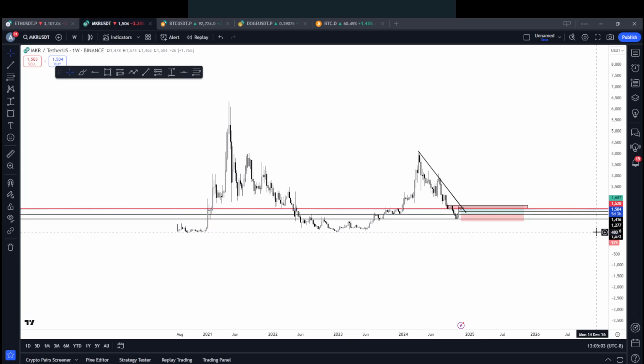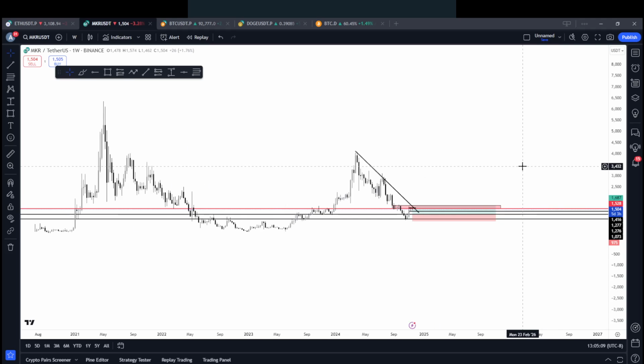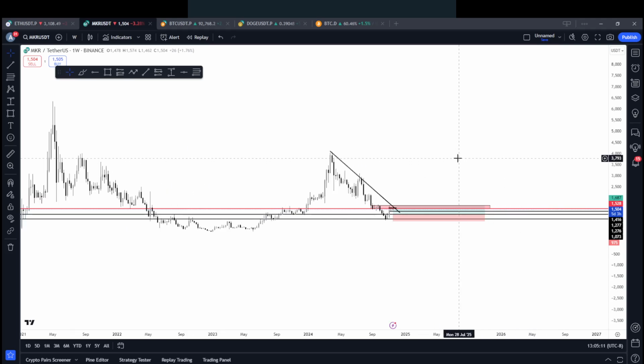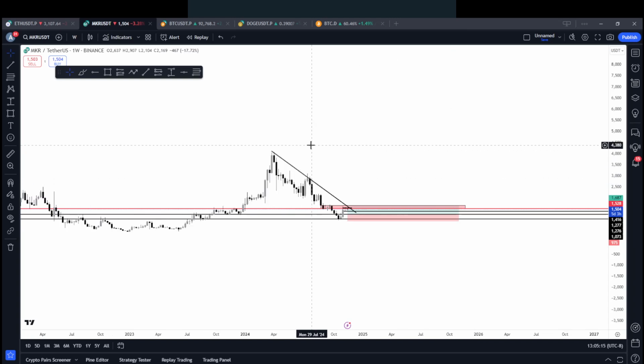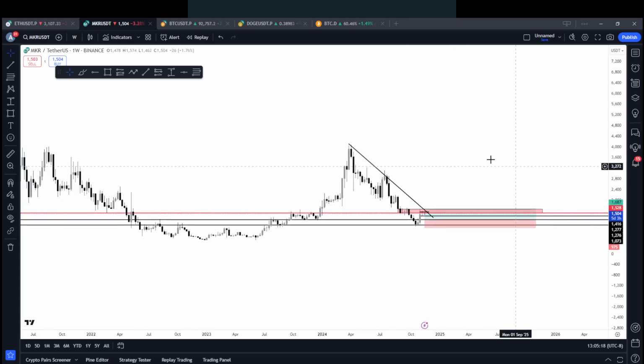But also, Caleb, if ETH runs, I think this runs, right? It's an ETH beta. Yeah. ETH runs, this will run, LDO will run, OP will run, but we're being held back by ETH. I thought we were having the start of the run yesterday, but ETH will, like I said, be putting in one of the most heated and hated rallies eventually, right?